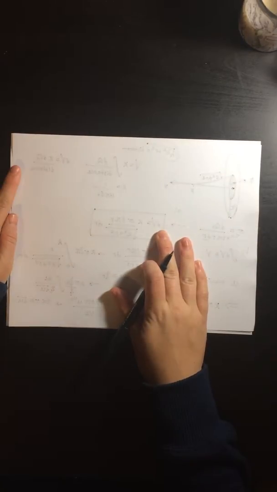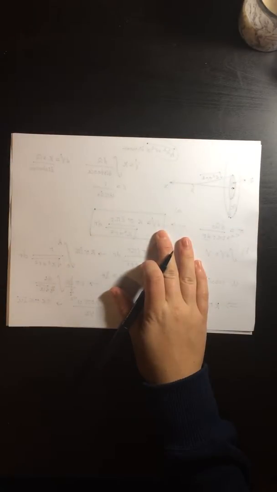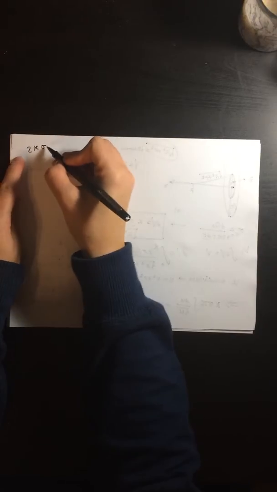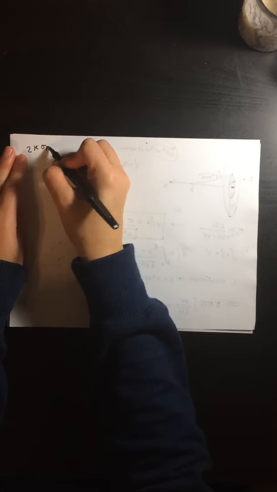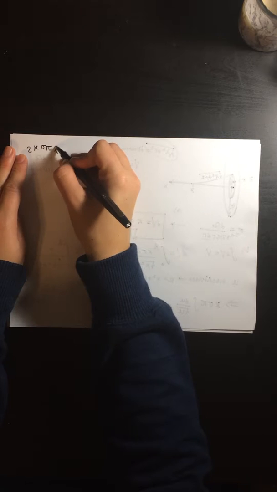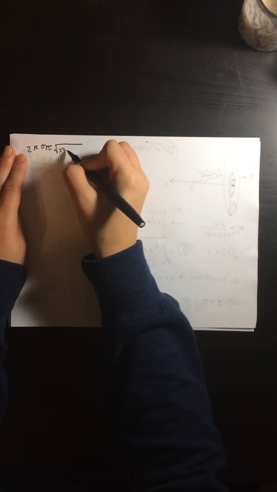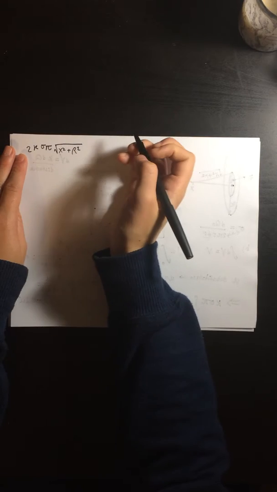So we get 2k charge density pi times the square root of u, right? Which is really the square root of x squared plus r squared.